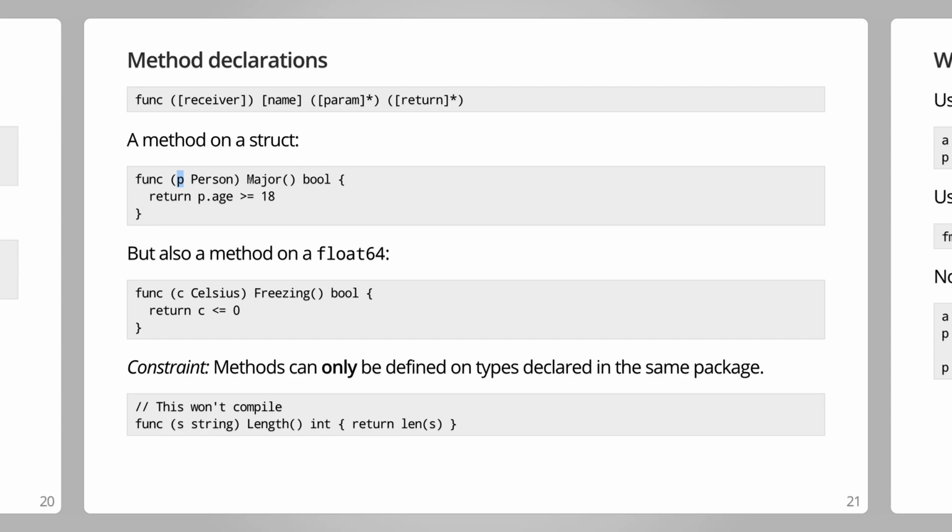And this is the method name, and it's returning a bool. In this case, it's just checking the age of the person by accessing p dot age of the person object or the person struct. Now in Java, at least, I'm not sure about Python, you specify methods inside the person class.